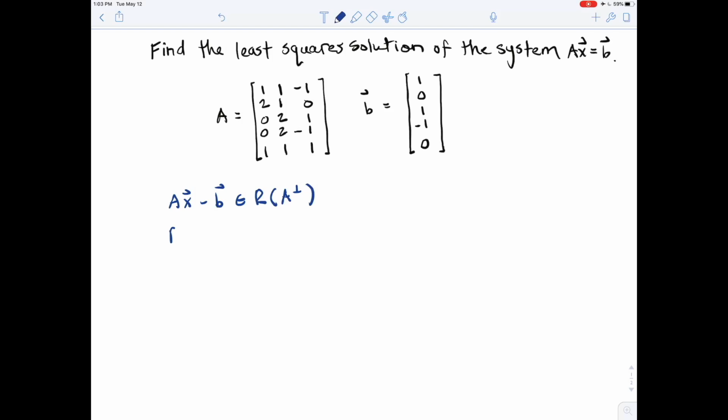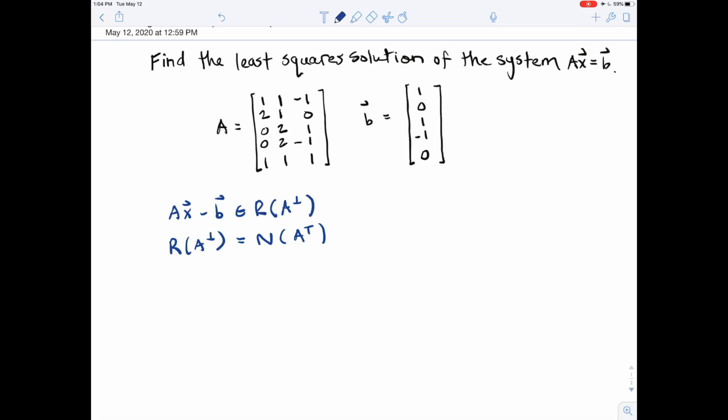Well, this orthogonal complement is equivalent to the null space of A transpose. We can write that A transpose times this quantity, A times x minus b, is equal to the zero vector.